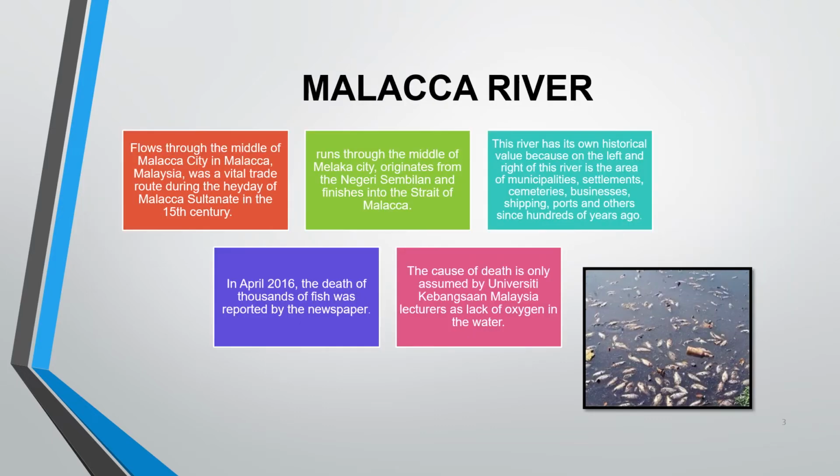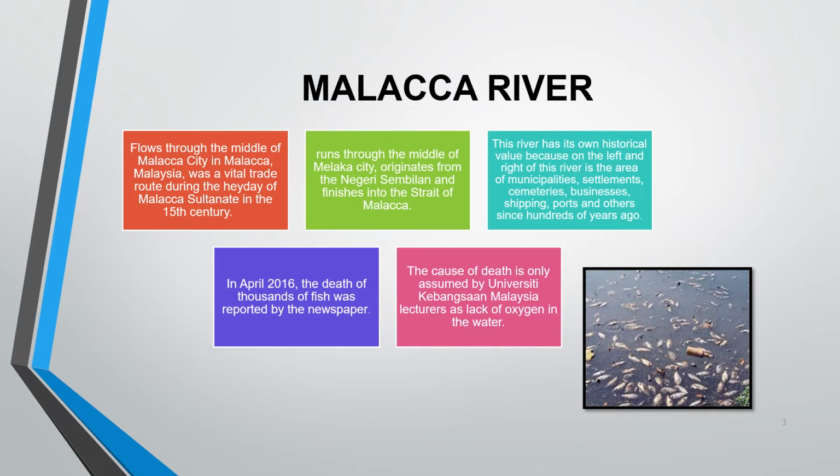Okay, and then second, the Malacca River flows through the middle of Malacca. It was a water trade route during the heyday of the Malacca Sultanate in the 15th century. It runs through the middle of Malacca city, originating from Negeri Sembilan and ending in the Straits of Malacca.